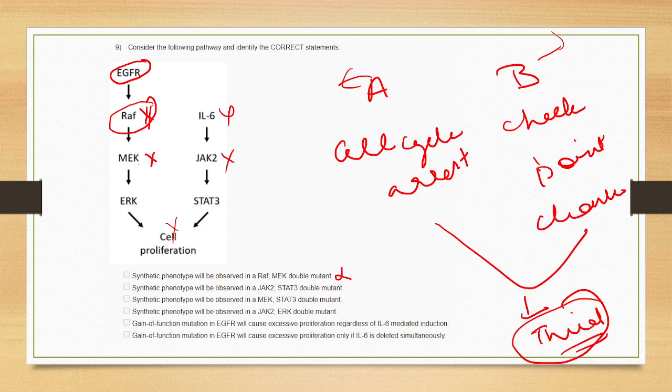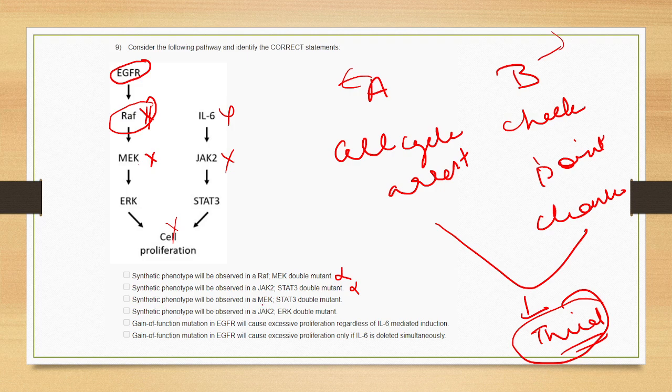Then synthetic phenotype will be observed in a JAK2 and STAT3 double mutant. Again, will there be any synthetic phenotype in this case? No. Why? Because both JAK2 and STAT3 belong to the same pathway. This is also incorrect.